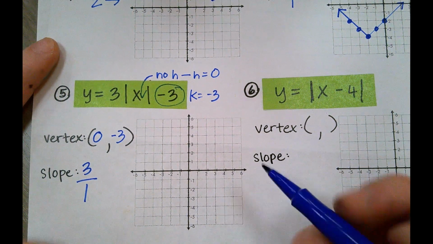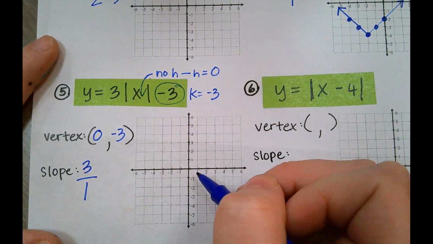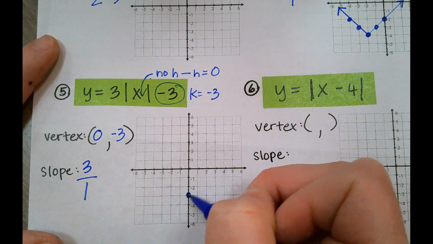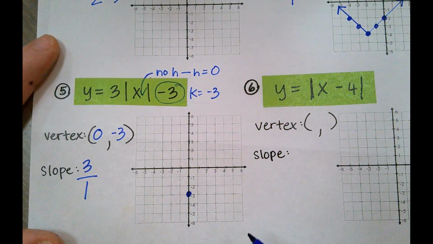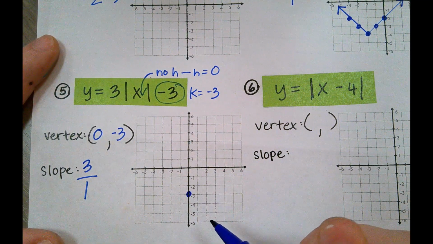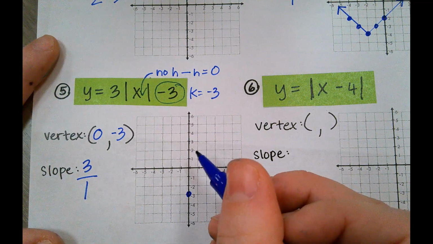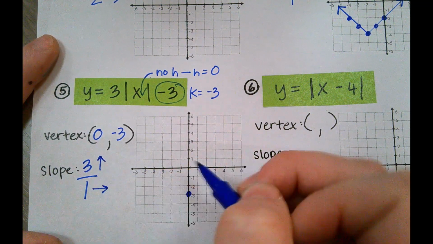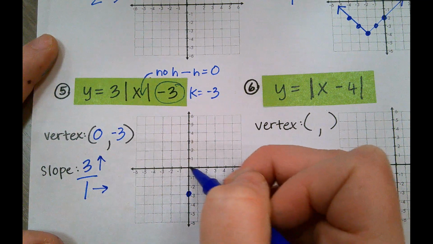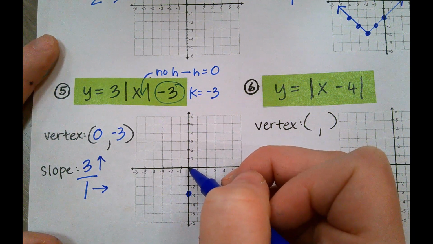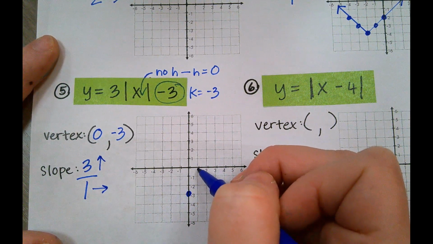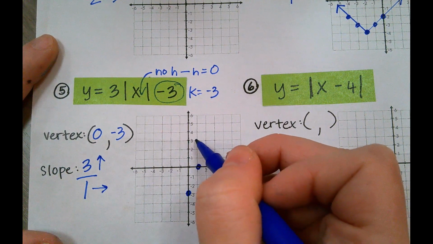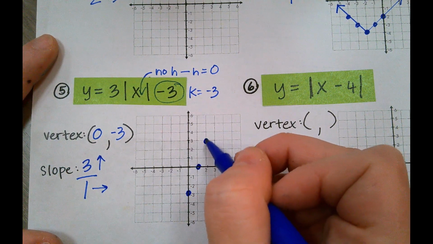Graph it. Where does the vertex go? -3. We're just going to go down to -3 on the y-axis. Do 3 over 1. Up 3 over 1. Good. So I go up 1, 2, 3. Now I'm over 1. And we'll do it again. Up 1, 2, 3 over 1.